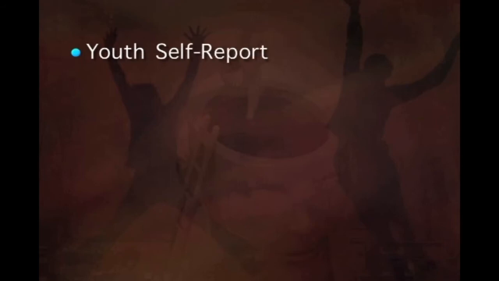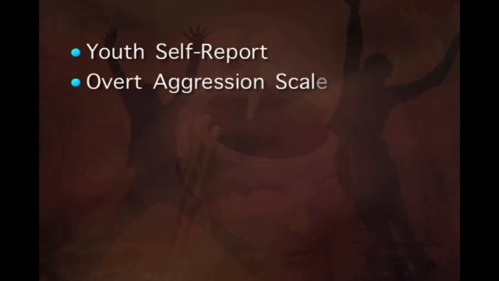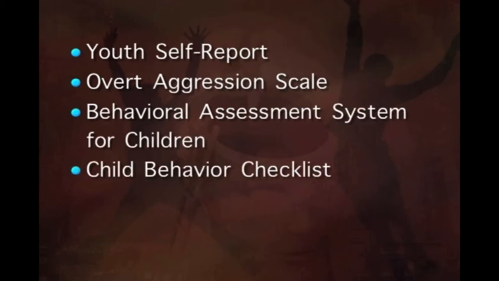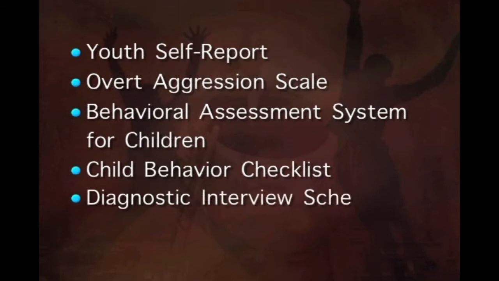Some of these scales could be youth self-report, overt aggression scale, behavioral assessment system for children, child behavior checklist and diagnostic interview schedule for children. The tests can be verbal or written or sometimes both and are administered in both hospital and outpatient settings.